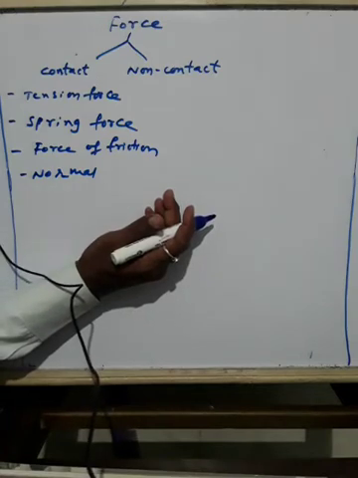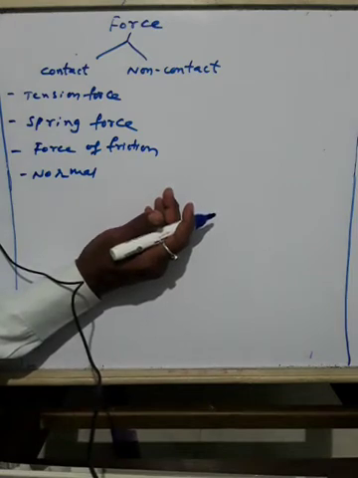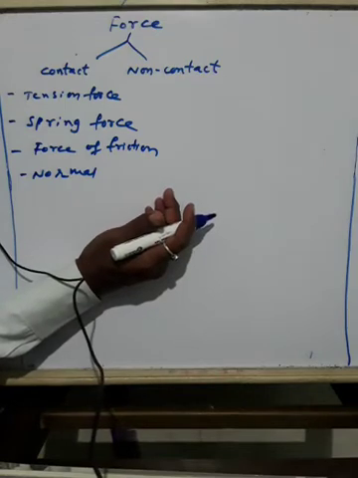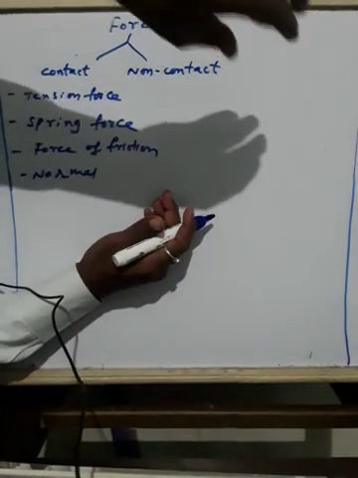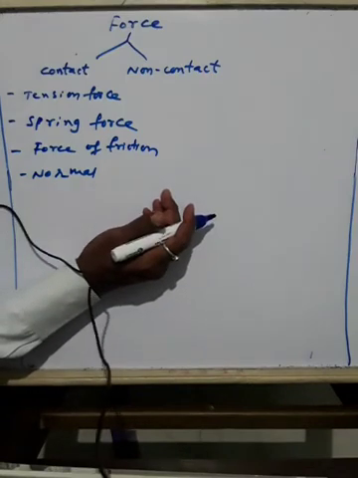So the force between the crane and the car, which is with the help of a string, is called tension force. Tension force is always a pulling force. This you remember. Not a spring force.